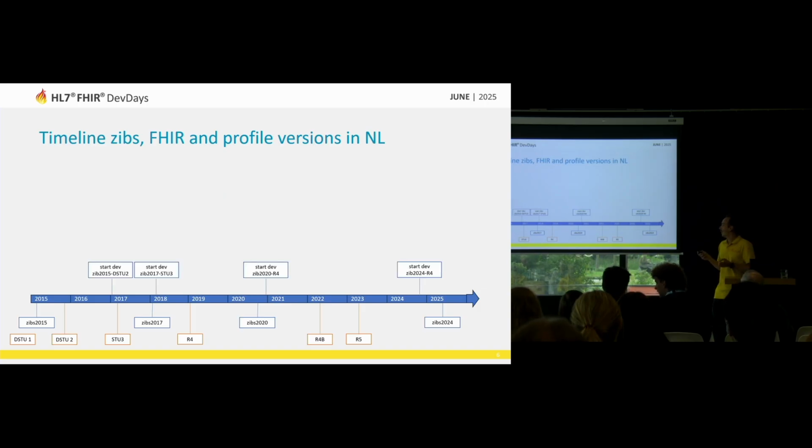So we started making profiles to explain to the implementers how the information of a ZIP lands into FHIR. So we started in DS2.2. Then, after every ZIP release, we took the then leading FHIR version, except at the end, because then we stick to R4, because it was the most prevalent case at that moment.